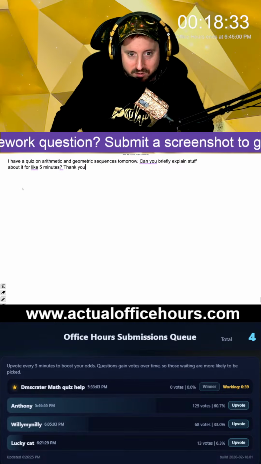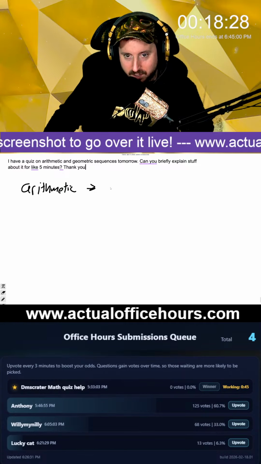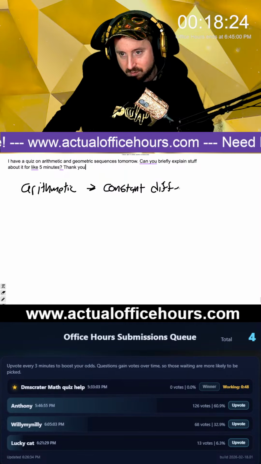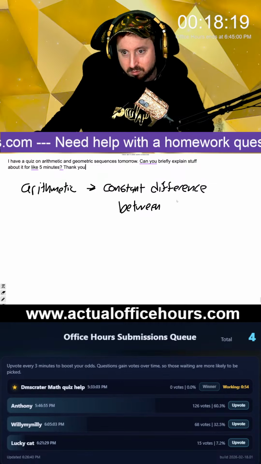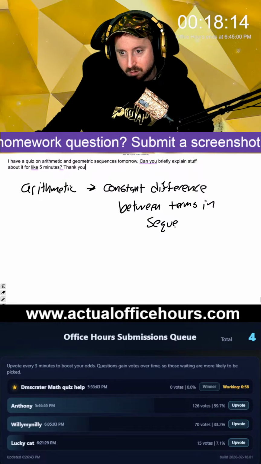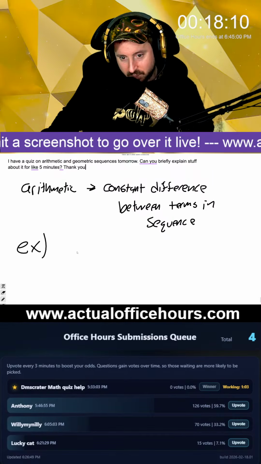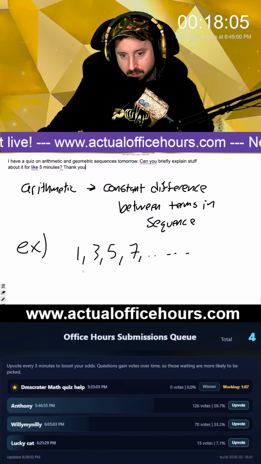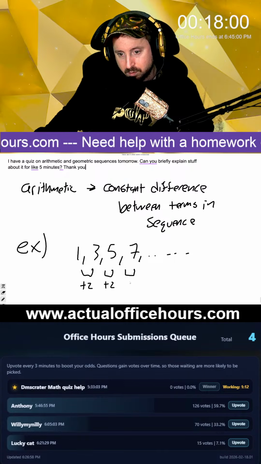So arithmetic sequences means there's a constant difference between terms in the sequence. Okay. So the key thing here, for example, 1, 3, 5, 7, because it's plus 2, plus 2, plus 2.